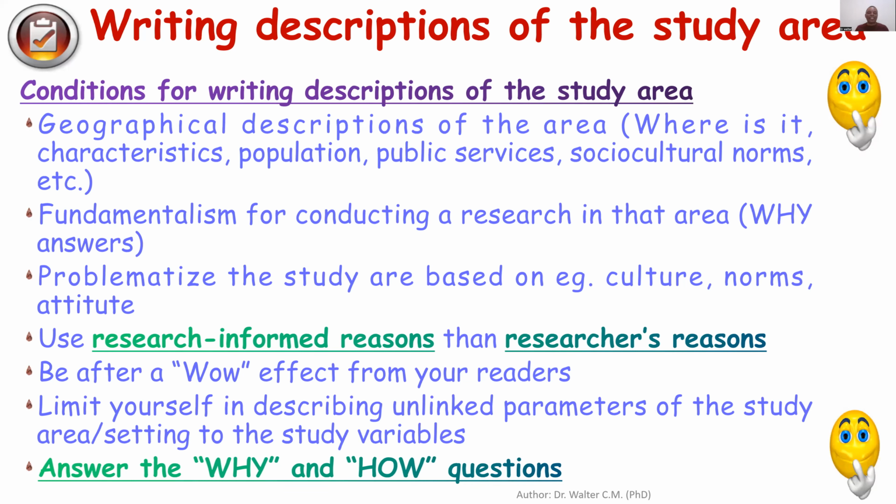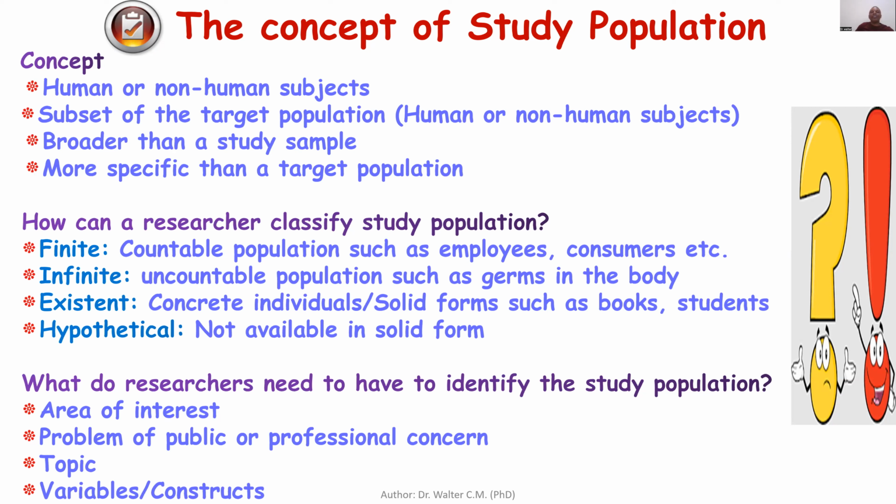Study population is broader than a study sample. So we have an addition of another concept here: the target population, study population, and study sample. And then people ask you as a researcher which one is broader than the other, and which one is more specific, when you are intending to write a research proposal.